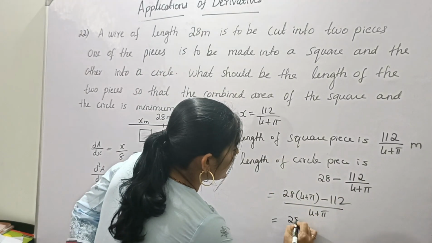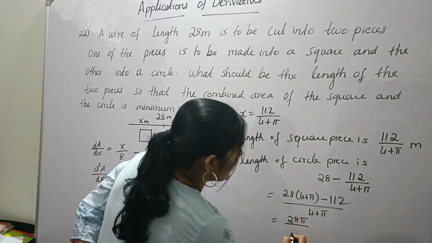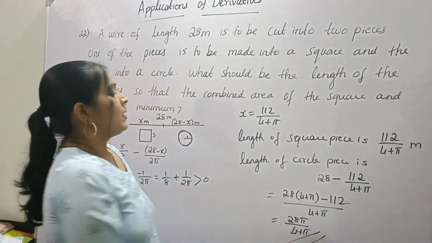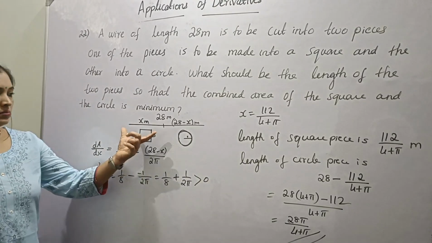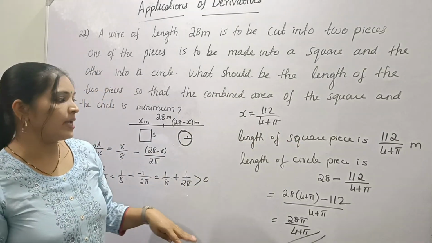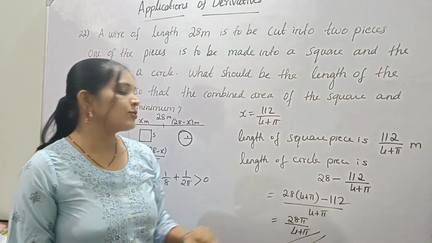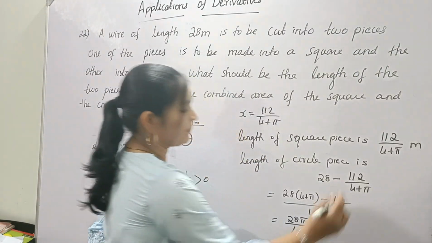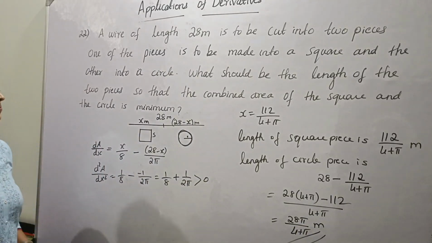So 28 pi divided by 4 plus pi. So the length of the square piece is 112 divided by 4 plus pi, and the length of the circle piece is 28 pi divided by 4 plus pi meter.